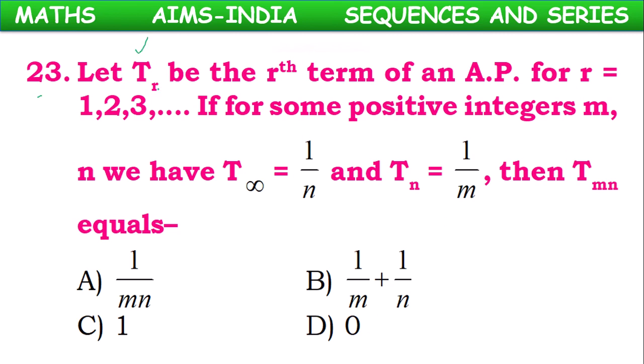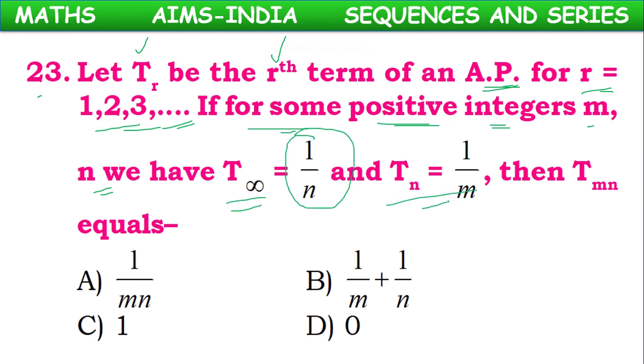The question is: let Tr be the rth term of an AP for r equal to 1, 2, 3 and so on. If for some positive integers m and n, we have T infinity equal to 1 by n and Tn equal to 1 by m, then what is Tmn?